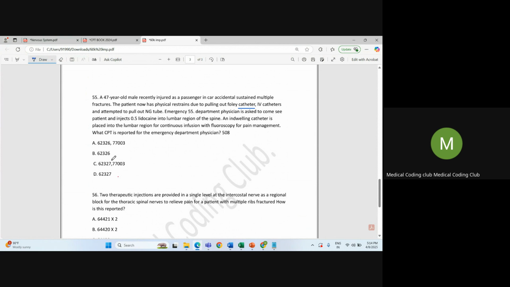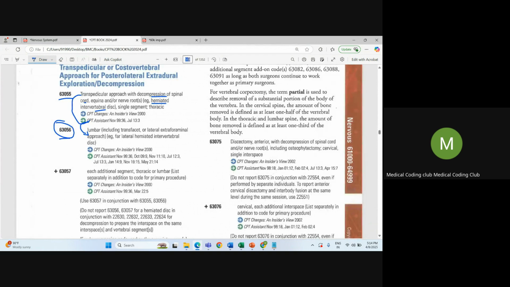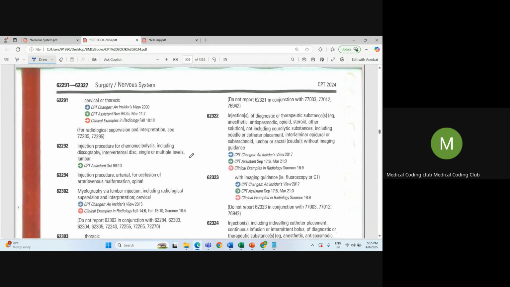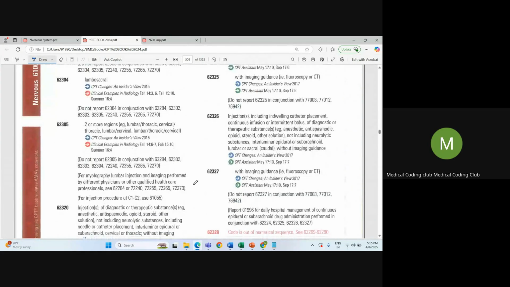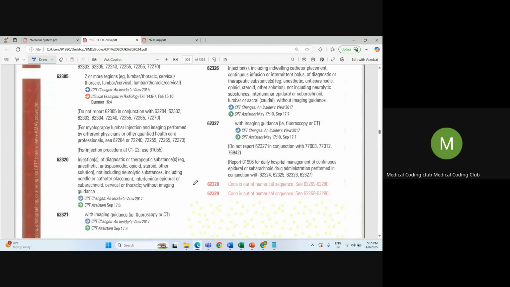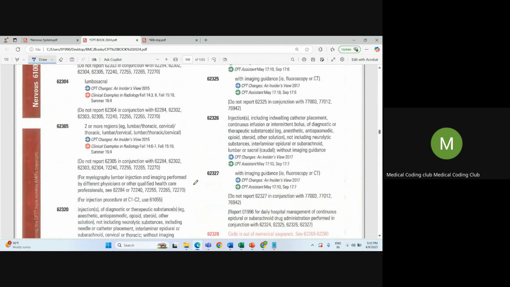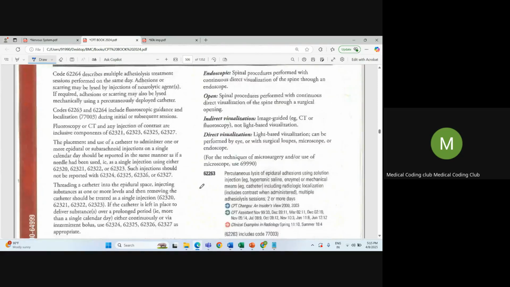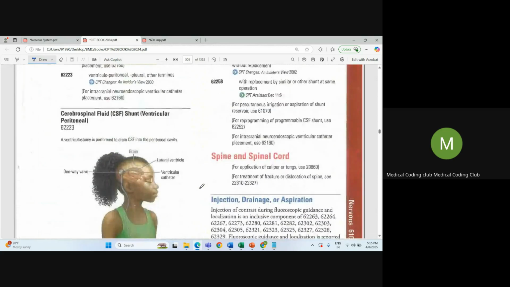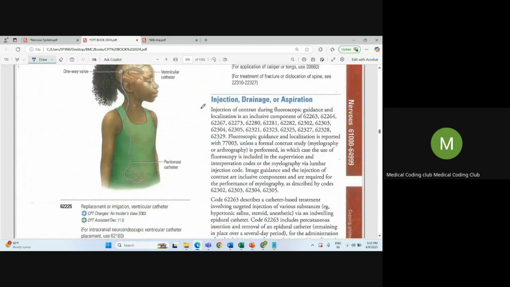Okay, so let's see the codes. So this is, as I said, an injection procedure.